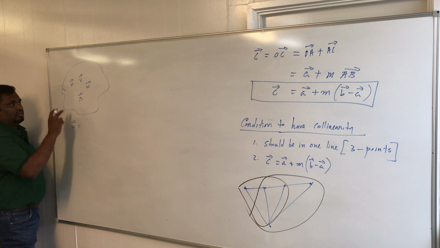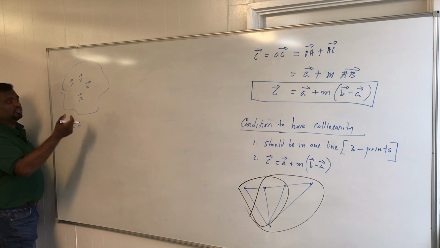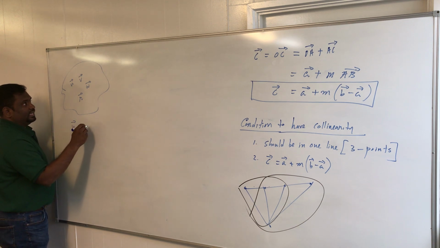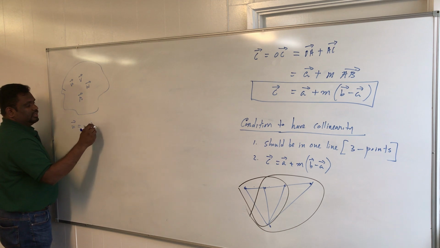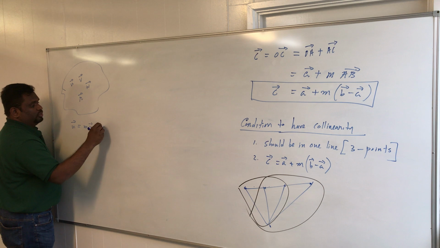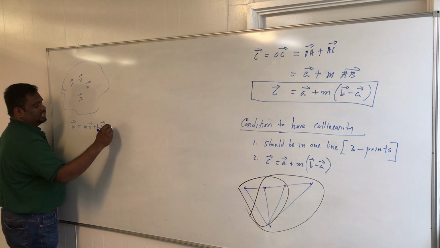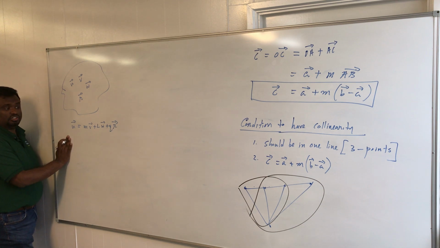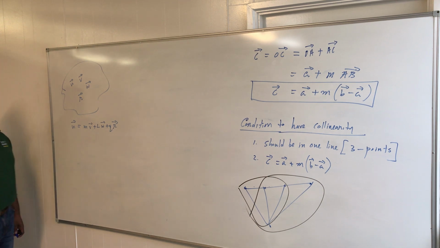If you can write the u vector in terms of the other vectors, like m times v vector, l times w vector, and q times r vector, right? So if this is satisfied, we say these vectors are linearly dependent. Linearly what? Dependent.